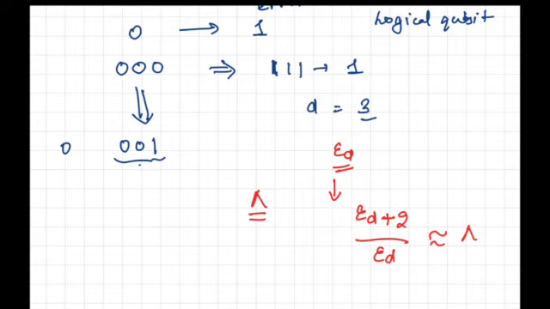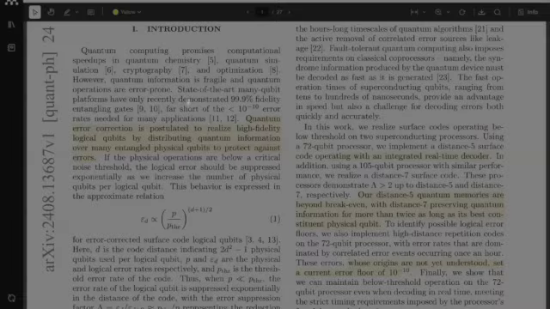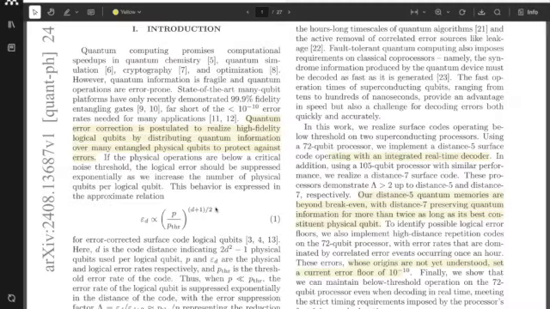So this will be the parameter of suppression of error. If lambda is large, the better our hardware is, and we have suppressed the error in the system. So this is what equation 1 was saying.